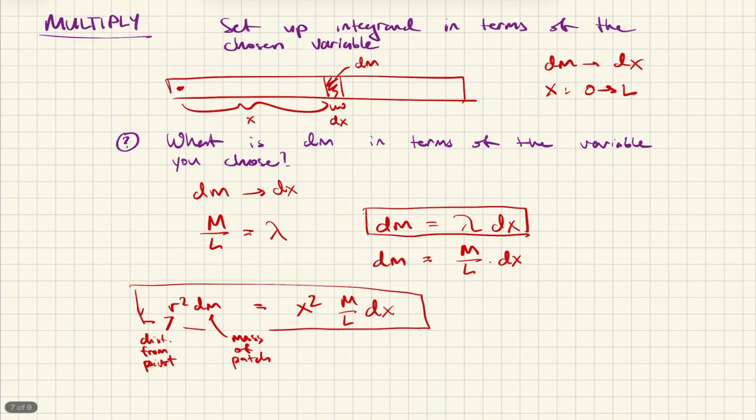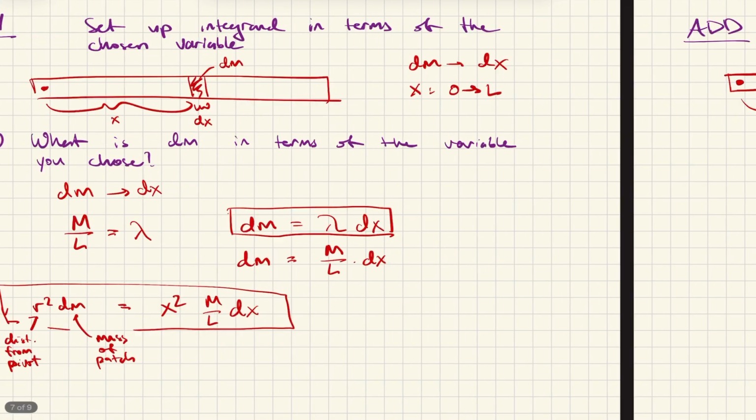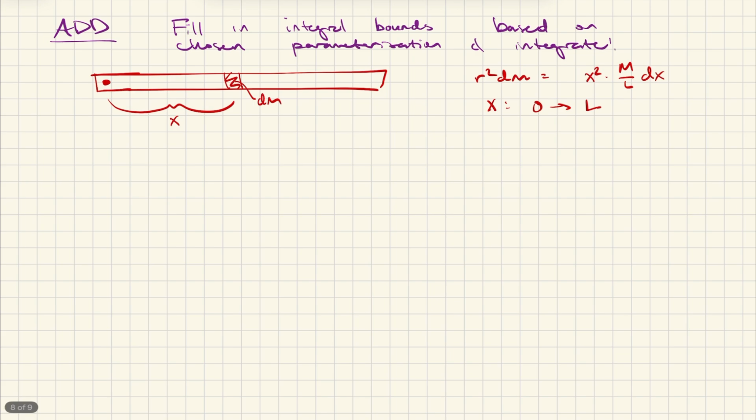With this done, we can move on to the last part, which is the add portion of our procedure. For this part, we need to substitute the integrand into our integral. Remember, our integral is the integral of r squared dm over the whole shape. Then we can evaluate the integral if we've done everything correctly.